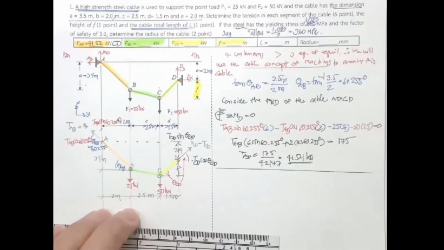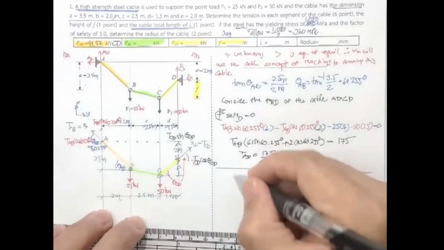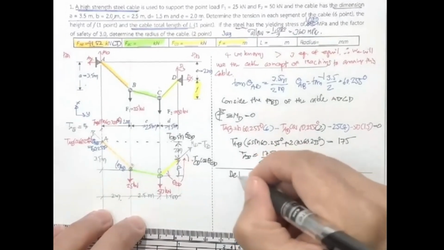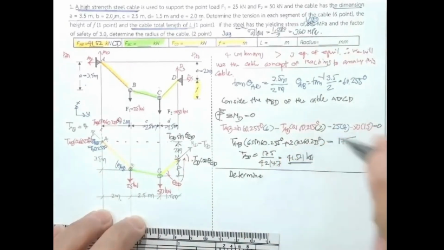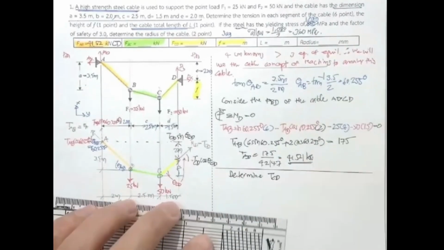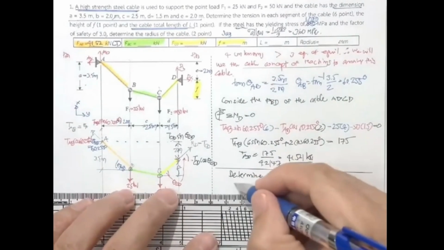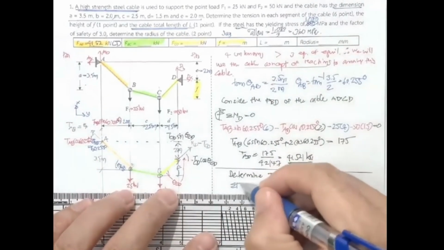You may use two more equations. So we determine T sub CD by what? It's up to you. Summation of F sub x equal to 0.